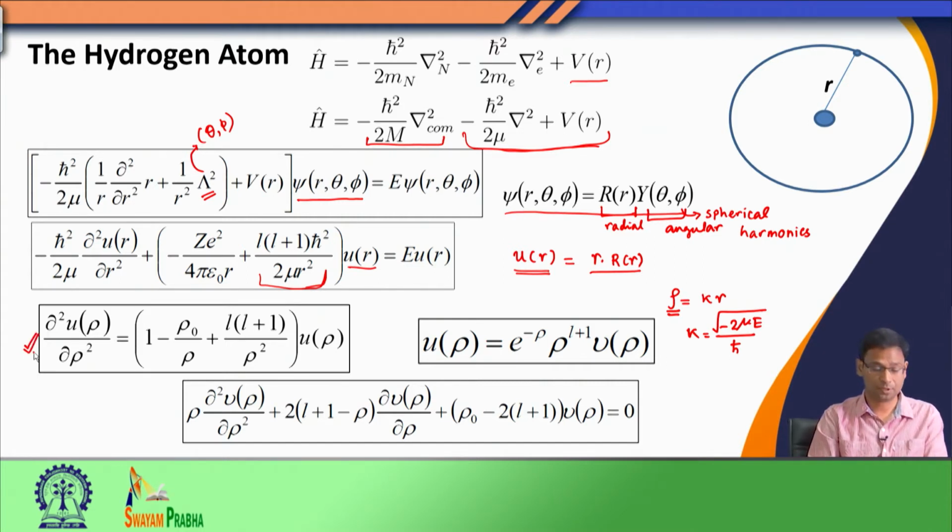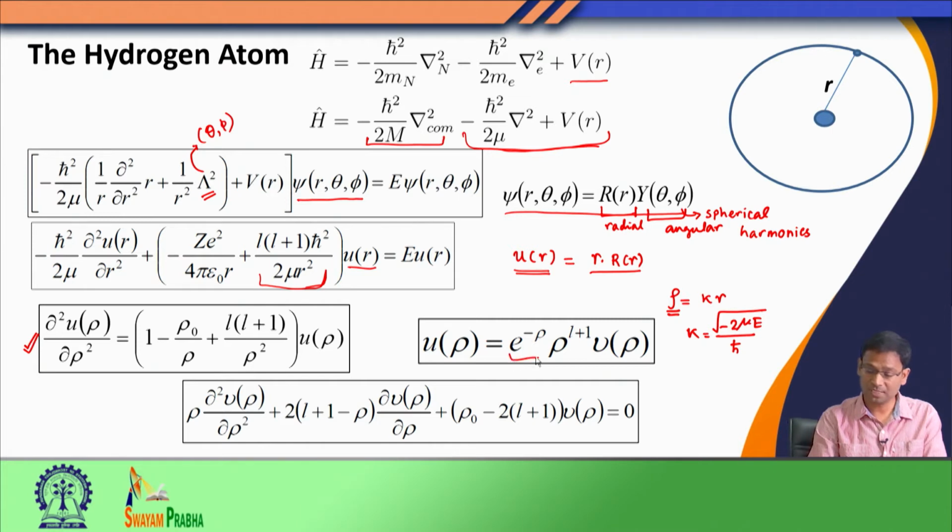What we did afterwards is that instead of solving this differential equation directly, we looked at its asymptotic solution. One, when r, or the distance between the electron and the nucleus, is very high. The other is when the distance between the electron and the nucleus becomes very small.